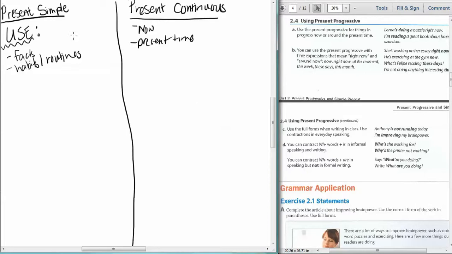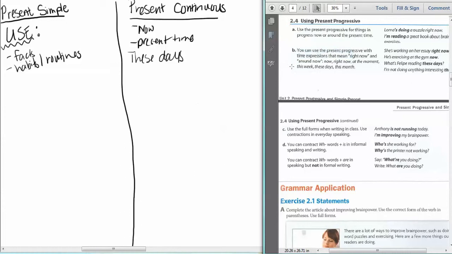You could say things like, and this is what we have a lot, words like these days. And that is also in your book here. This right here. You can use the present progressive with time expressions, especially to mean right now and around now.